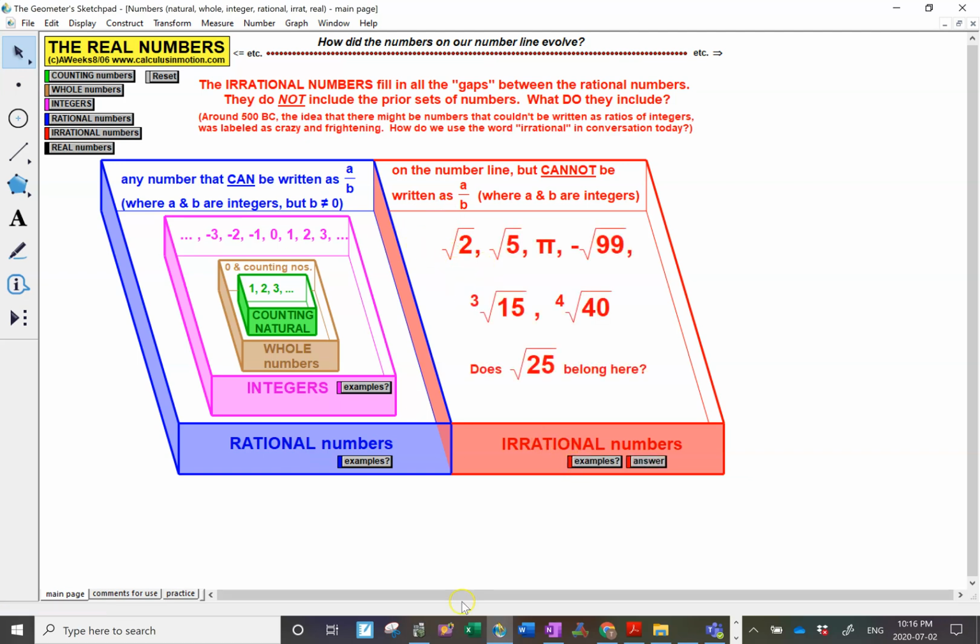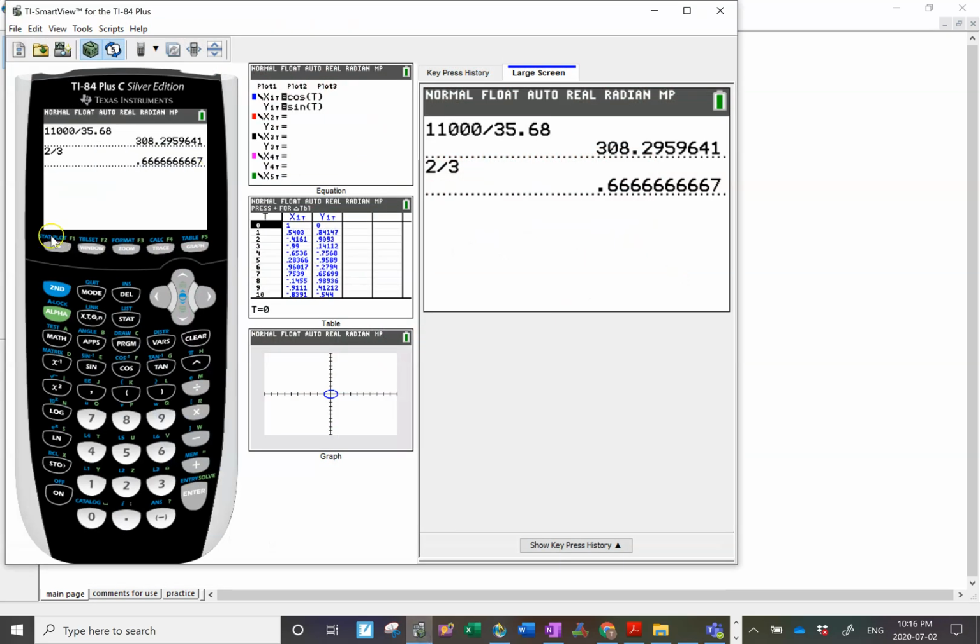If you write square root of 2, let me pull up my highly powered calculator here again. Second, then the square root symbol and 2. It may seem to stop after a few digits, but if we're using a highly powered calculator, the square root of 2 doesn't end. It doesn't settle towards any particular number.